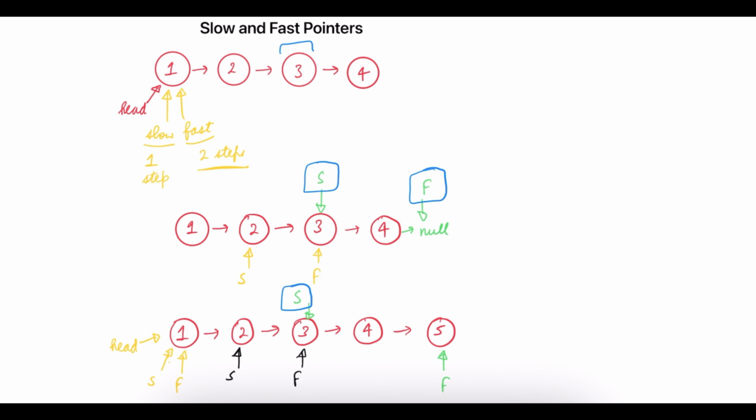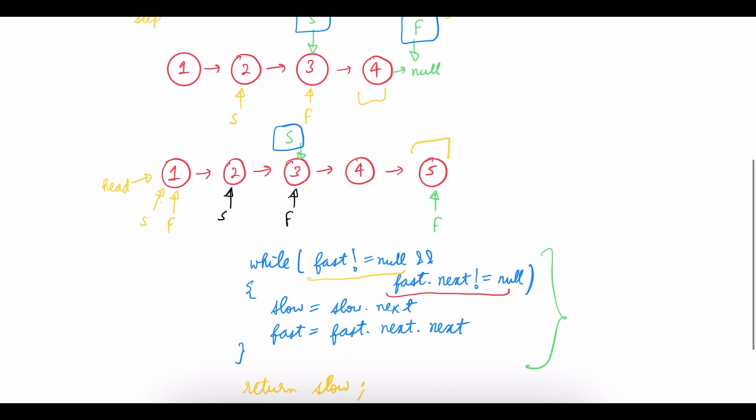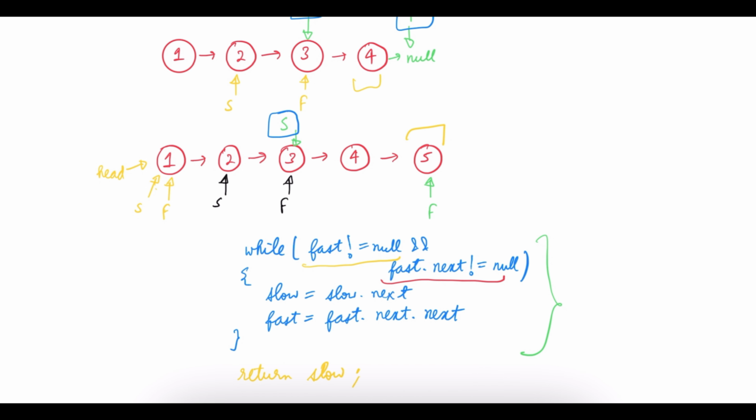One more thing you should note is that for linked lists of even length, the fast pointer will never be at the last node. It is going to be at the second last node. And for a linked list of odd length, the fast pointer will be at the last node. That is why both checks work: fast is not equal to null and fast.next is not equal to null.